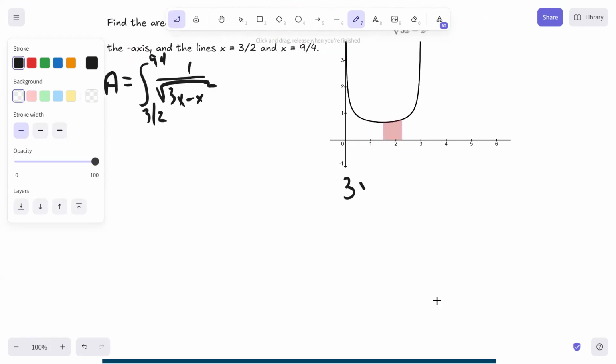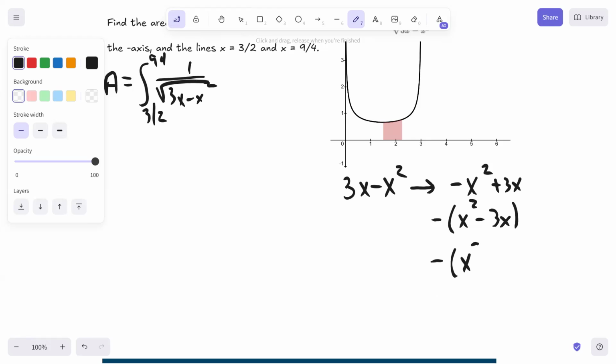So if I have 3x minus x squared, I can rewrite that as negative x squared plus 3x. It helps to factor out the negative, but be careful, that's going to change the sign of the 3x. And then you take half of the negative 3, and square it and add and subtract it.